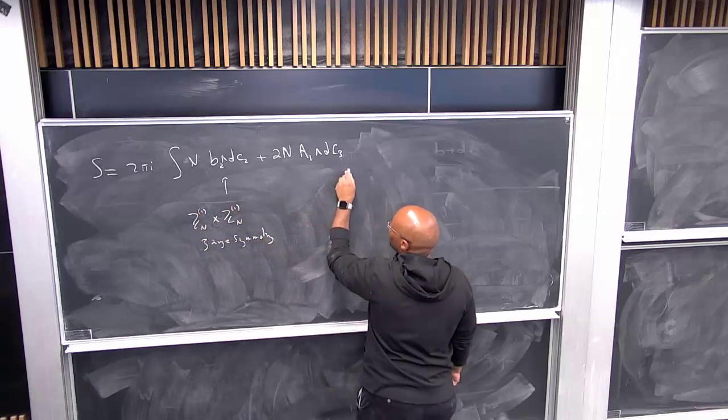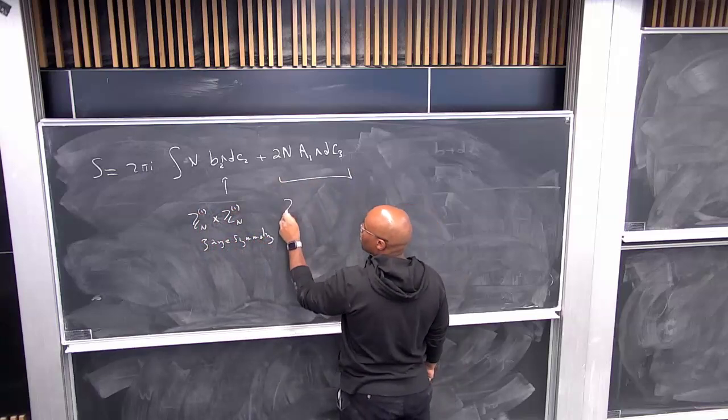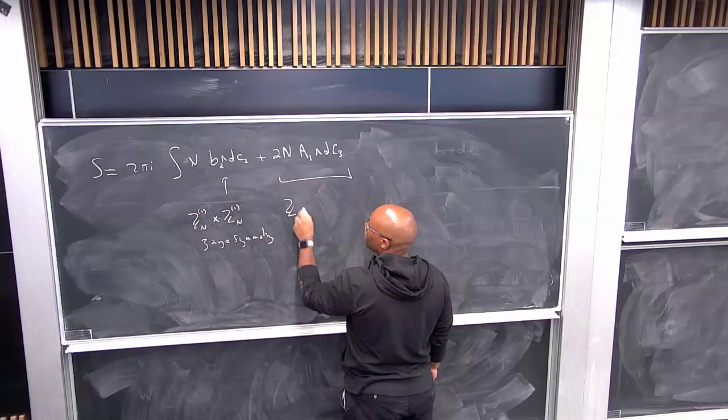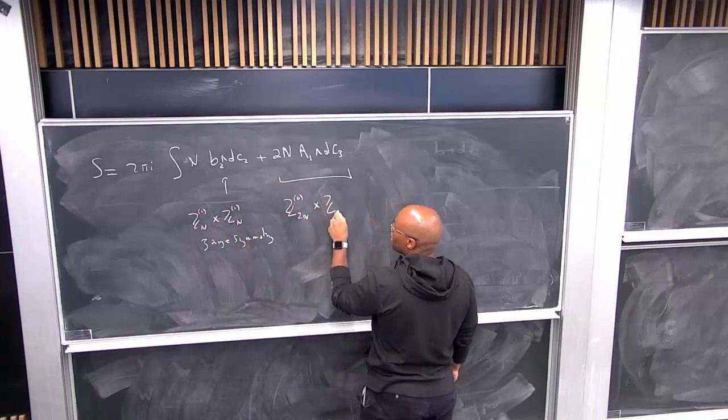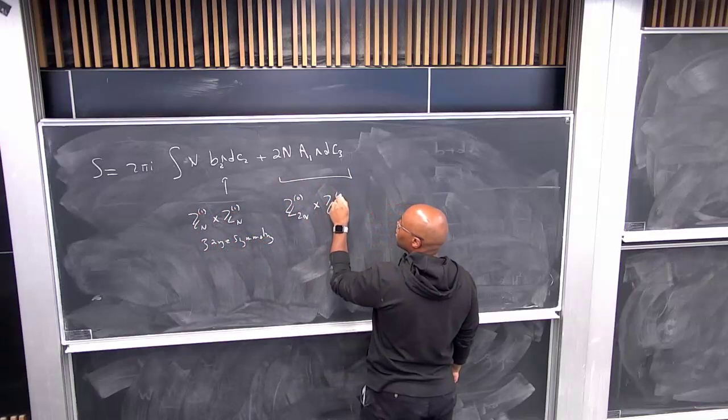This one here is going to give me a Z2n 0-form symmetry times a Z2n 2-form symmetry.